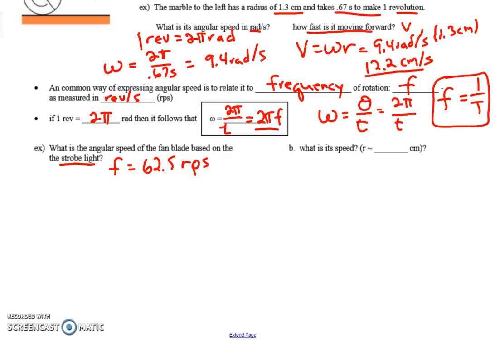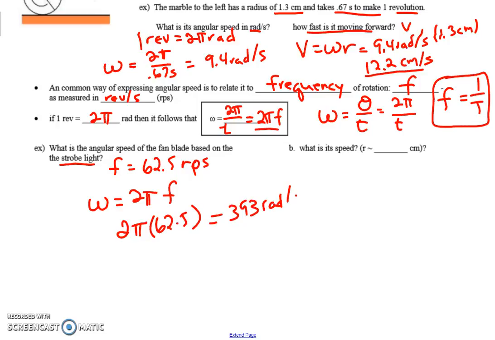Now I could do a bunch of conversions, but if I use this equation, it's nice. I can say simply that omega is 2 pi times the frequency. 2 pi times 62.5 revolutions per second gives us 393 radians per second.